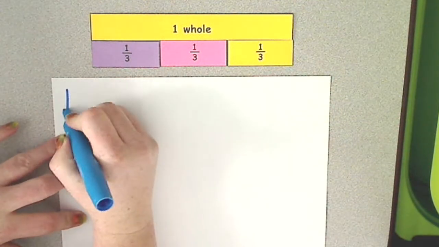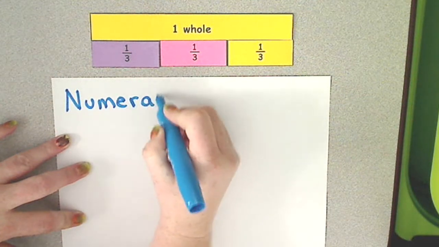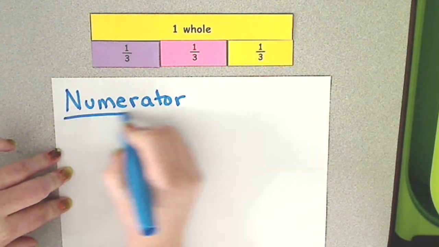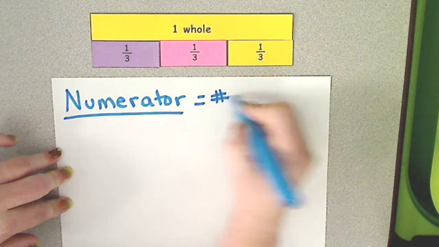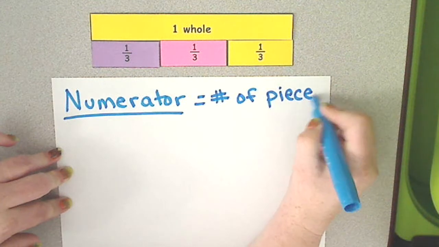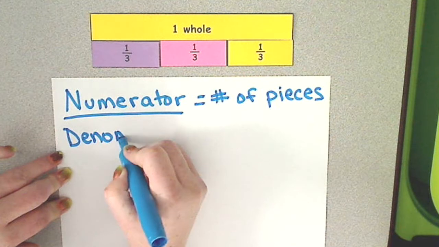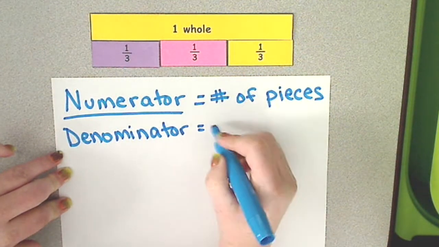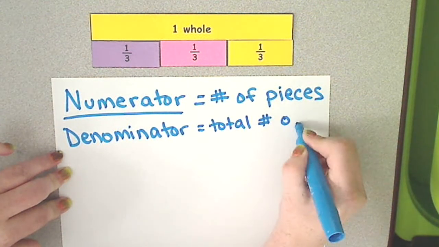A numerator is not only the top number, but it is the number of pieces. And then your denominator is the total number of pieces.